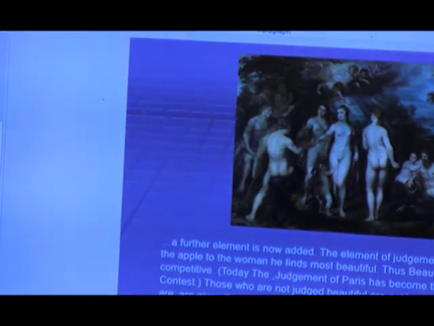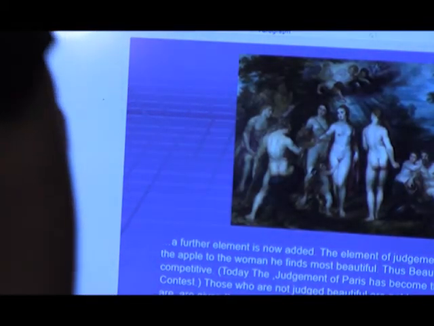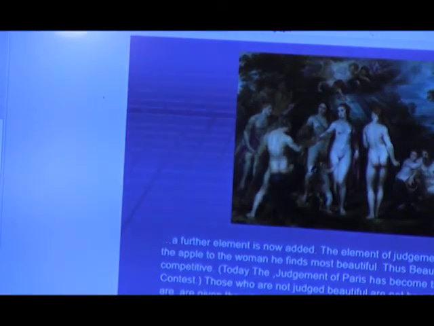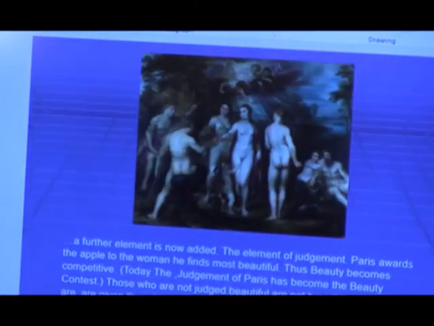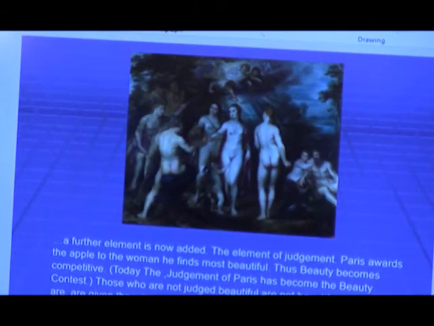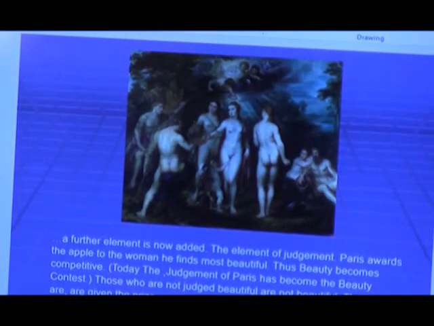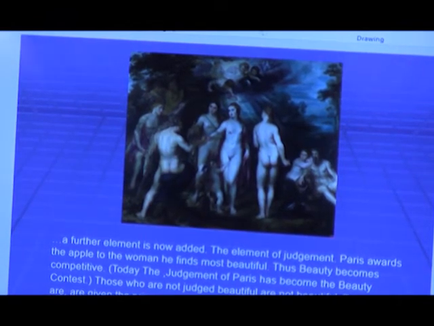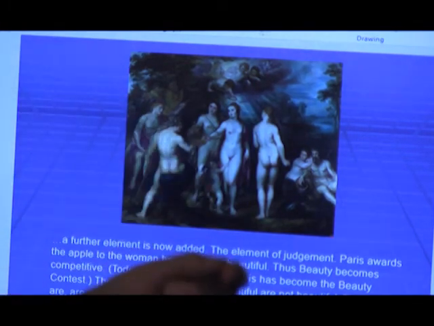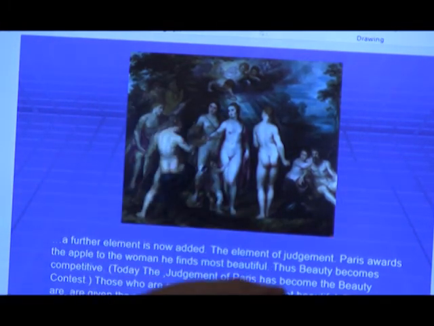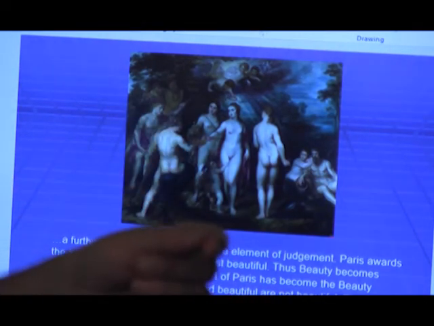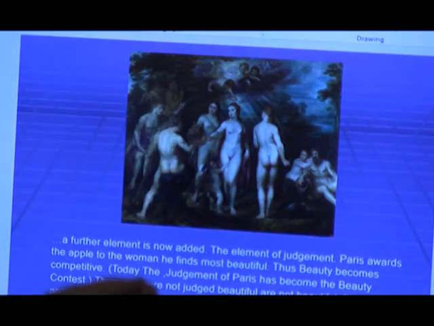Before that, he talks about another common subject for male painters of the nudes: the Greek mythological story of Paris and the goddesses Venus, or Aphrodite, and Hera, the mother of the gods, and I believe Athena.